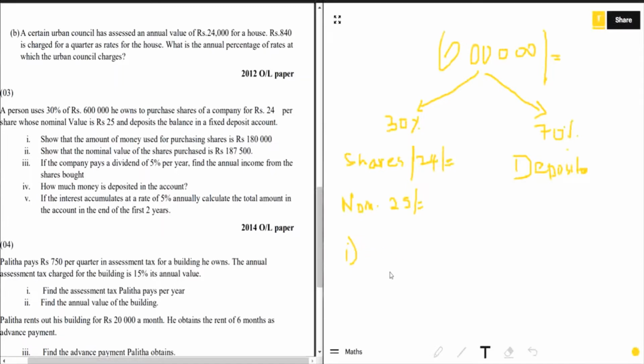I'll use a different color. The amount of money used to buy shares equals his whole amount, which is 600,000, and 30% of it.